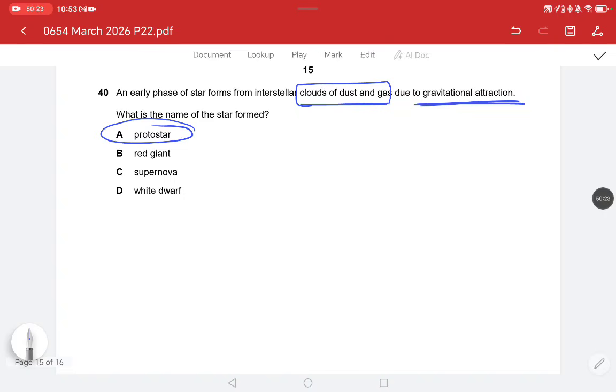Supernova, till now, we are okay. In supernova, we have two pathways. If you have a very massive star, this will lead to a black hole. So if you have a multiple choice question and they ask you about the very massive star, this will lead to a black hole. But if you have just a massive star, this will lead to a neutron star.